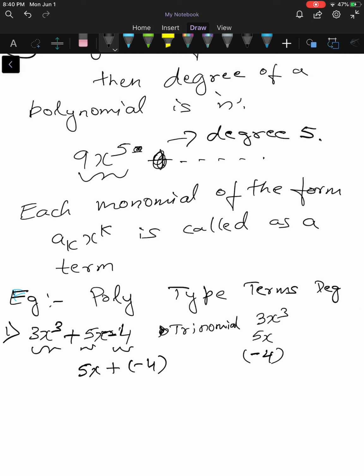Classify the following polynomials into monomials, binomials, and trinomials.